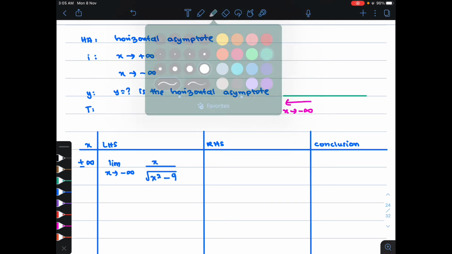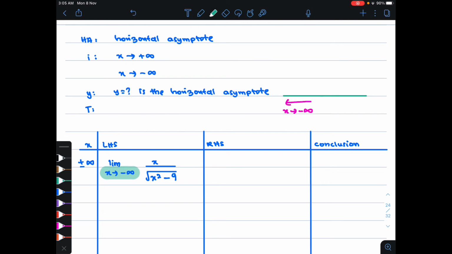Substitute g(x). If you substitute x equal to negative infinity into x, you'll get infinity over infinity. So this is case 5.